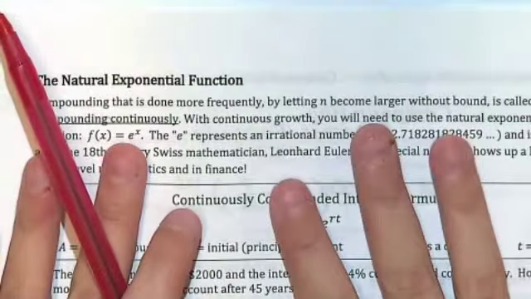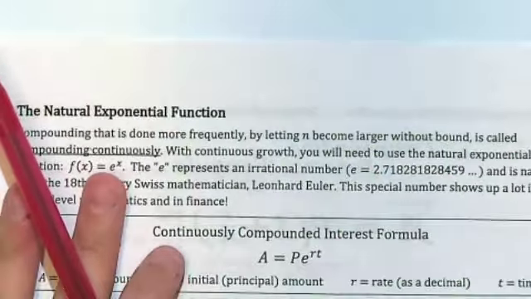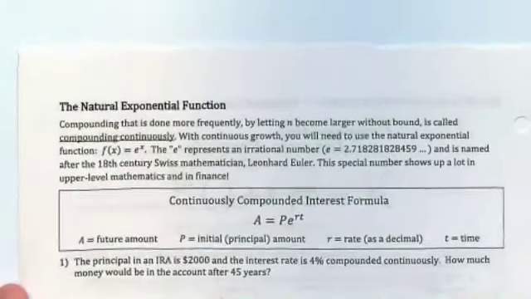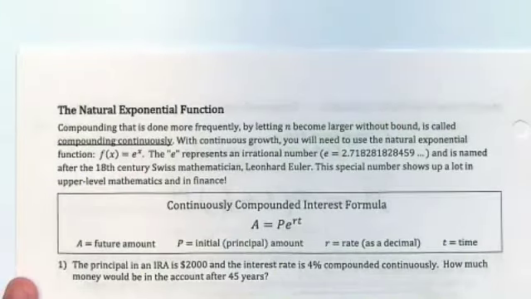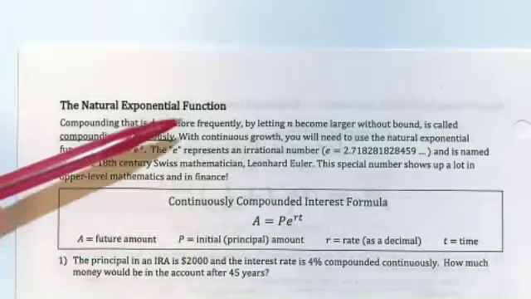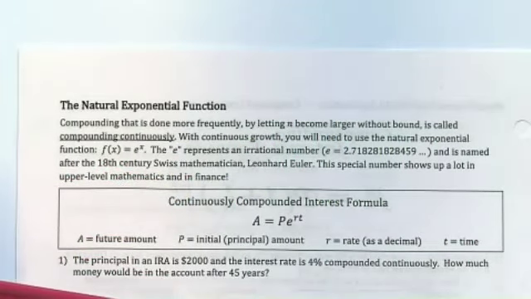Okay. A lot of what we've been talking about thus far has been exponential functions. Exponential functions can be used to model functions and to figure out how much money you might make at a certain point if it's compounded every month or every year, or whatever that might be.